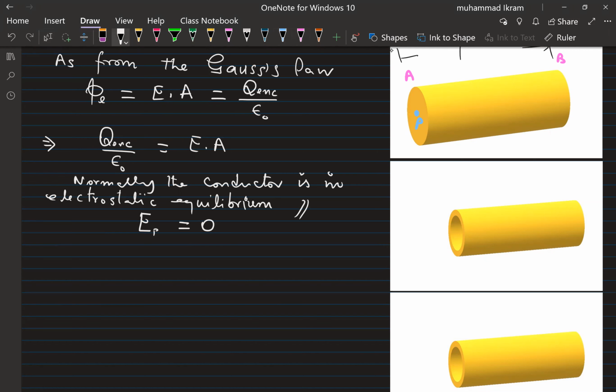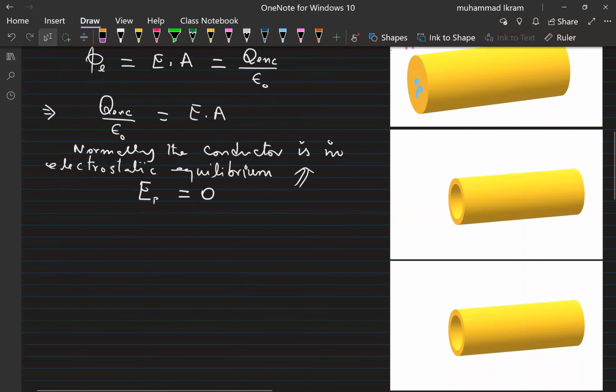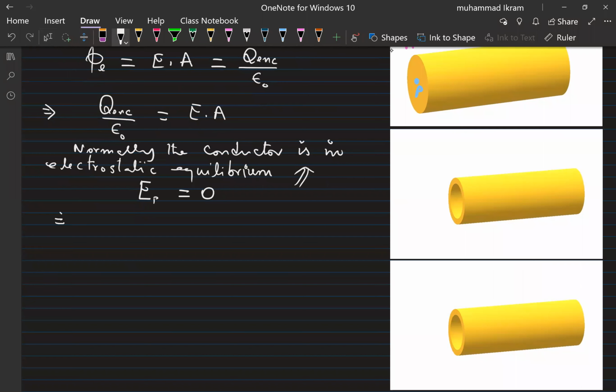So I can write that the charge enclosed over epsilon naught equals 0 times A. Because the conductor has area, the area is not zero. So what does this mean? That the charge enclosed over epsilon naught is zero. Now we know that this is a solid conductor and it is considered as a medium.